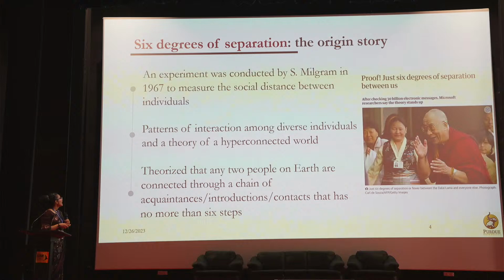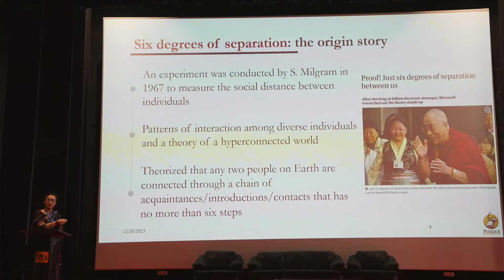The interesting thing he found was that on average, and average is an average, it is not an actual number, you have different people reaching different intended recipients in different numbers of steps, but on average, it took about 6 links, or 6 times the envelope was passed around, to reach the intended recipient. And that's where this notion of 6 degrees of separation came in.